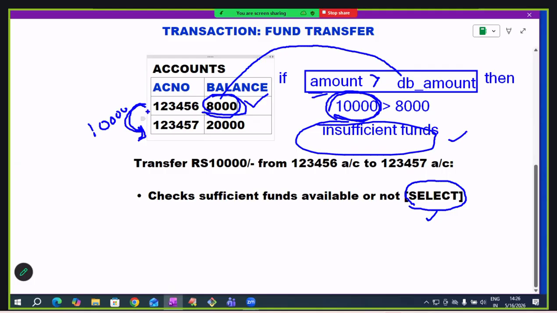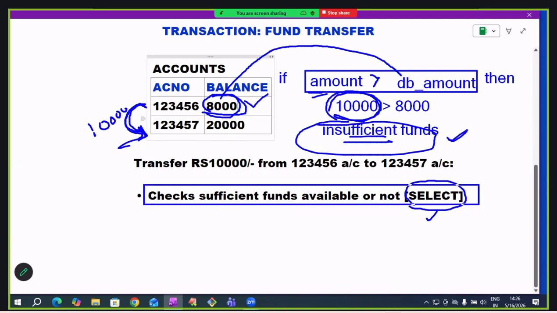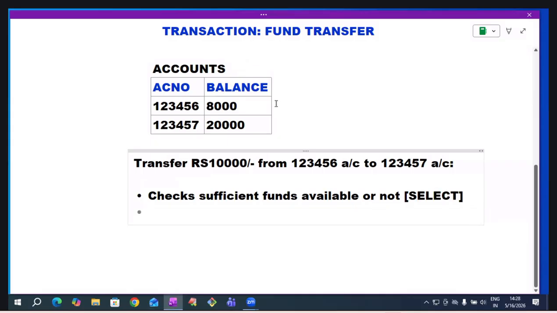Account balance is 8,000. How can he transfer 10,000? So if he transfers, it gives the message insufficient funds. So the first action checks whether sufficient funds are available or not. Assume that sufficient funds are available, 80,000.